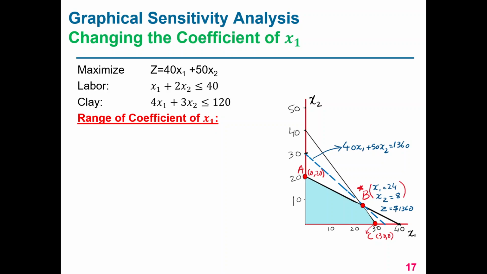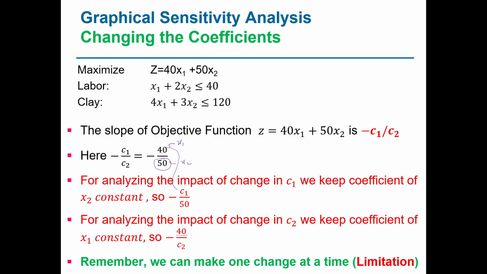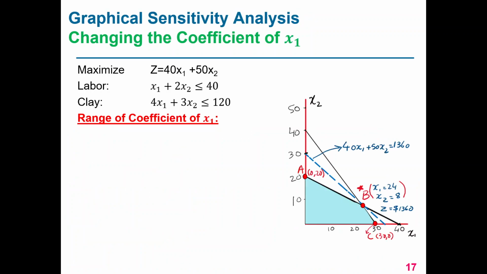So in our first step, we find the range of the coefficient of x1, and we discussed in the previous slide, if I go back, that when we want to find the range of x1, we keep the coefficient of x2 at its original place, and we just write minus C1 by 50. And how are we going to do it? I'll show you in a bit.